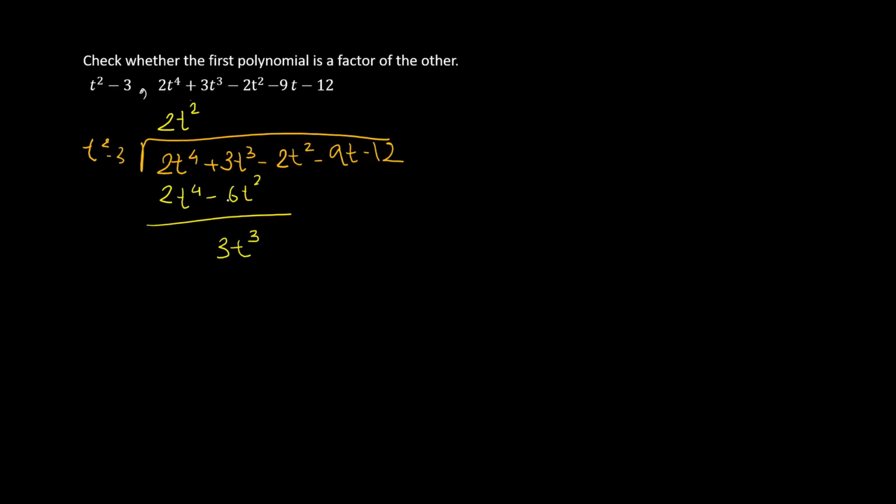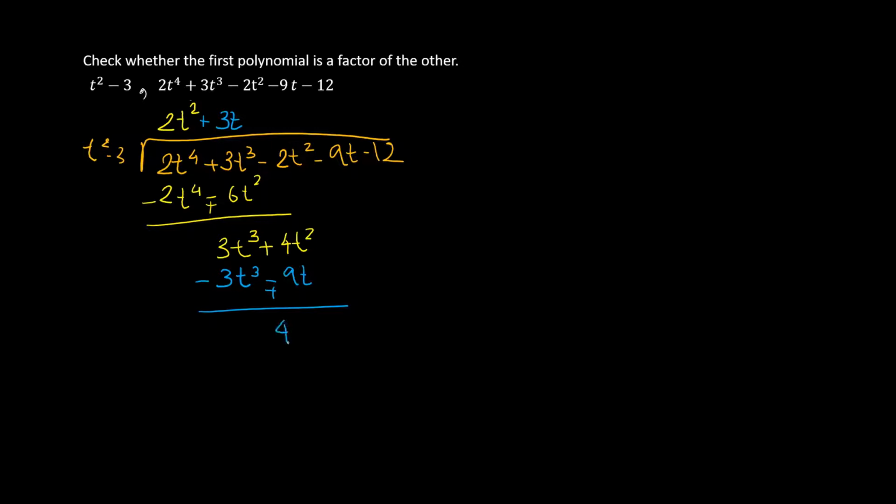Here this is minus and this is plus, so we're gonna add it here, and I'll get plus 4t square. Okay, moving on. Here to get 3t cube, we have to add 3t, so we'll get 3t cube, and that will be minus 3 3s are 9, 9t, and this will be a minus, this becomes a plus.